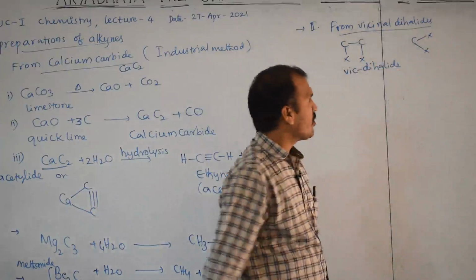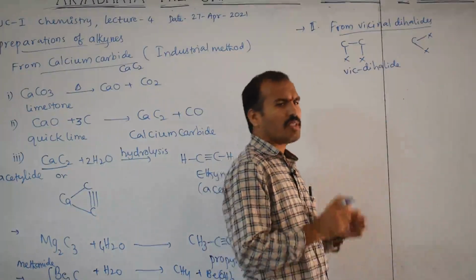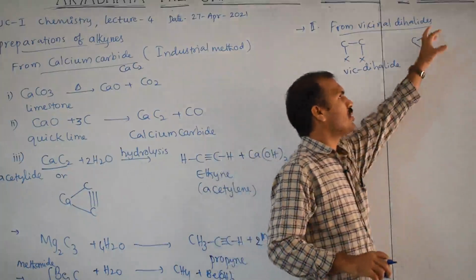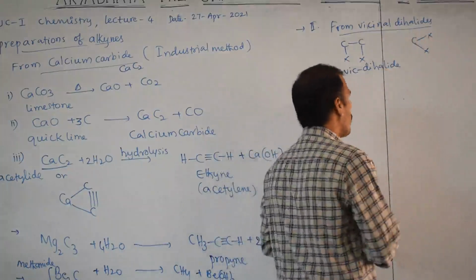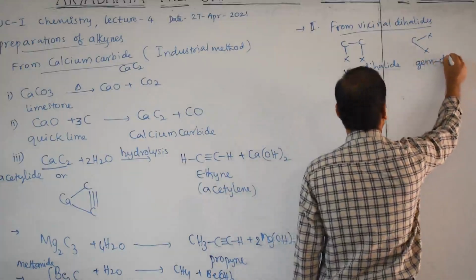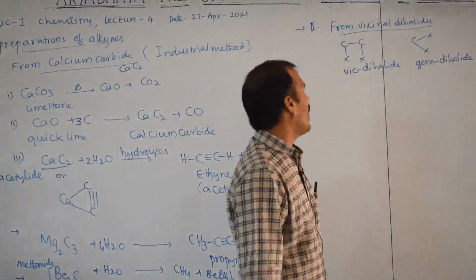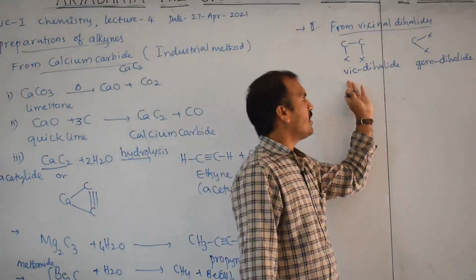But this is known as XX: on the same carbon, two halogens are present, or any hydroxy groups or any two same groups on the same carbon, that is called geminal. So this is a gem dihalide. Geminal is simply represented as gem dihalide, vicinal is simply VIC dihalide.